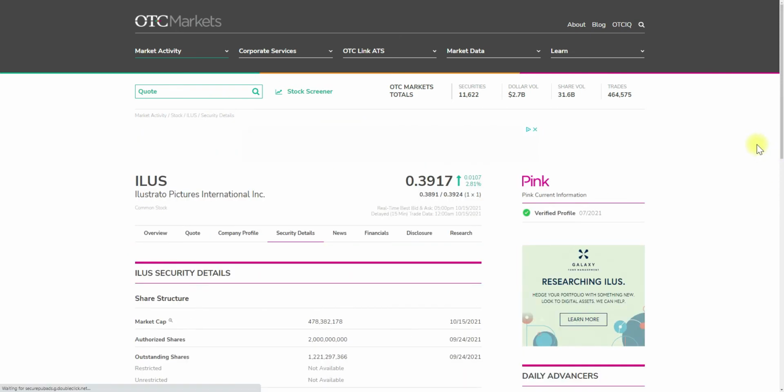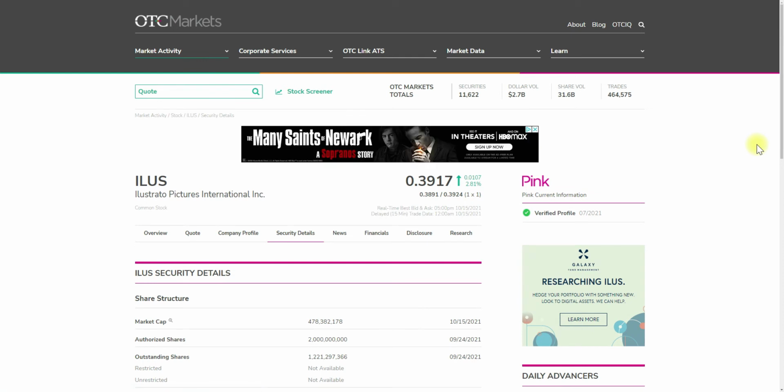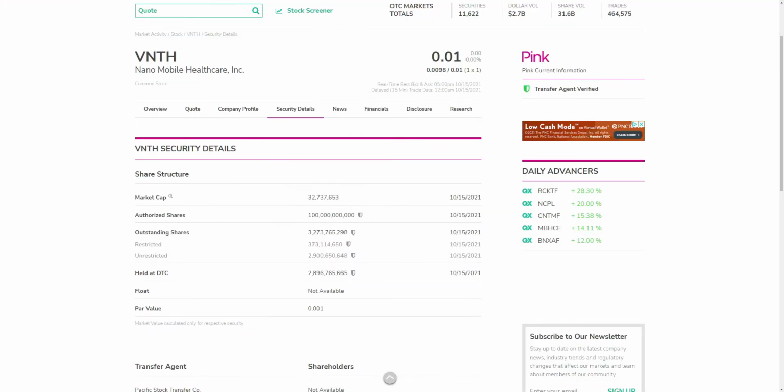We all know ILUS, a huge runner of late, and we want our stocks to have TSMP, Humbl type runs, ENZC type runs. The majority of these runs to dollar land, as we like to call it, are because of the share structure. So let's take a look at VNTH and their share structure before we get into any of the outstanding shares, so you understand it.